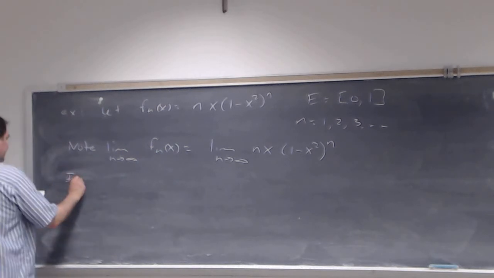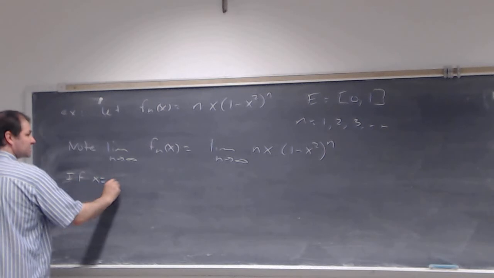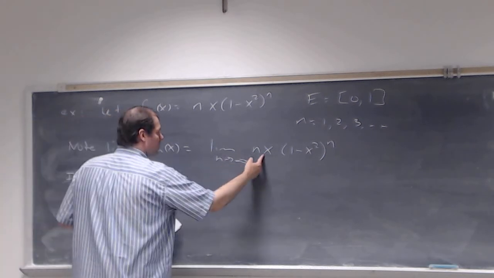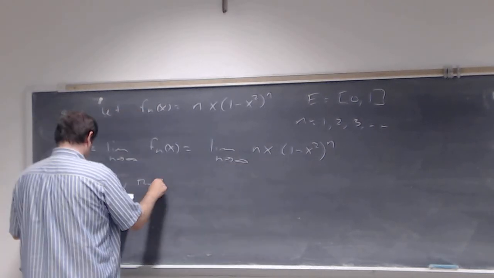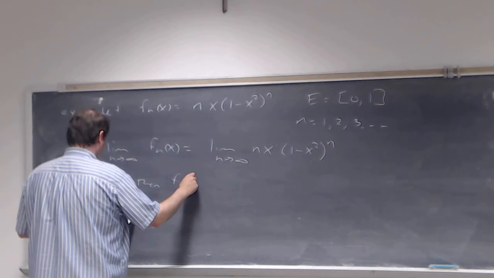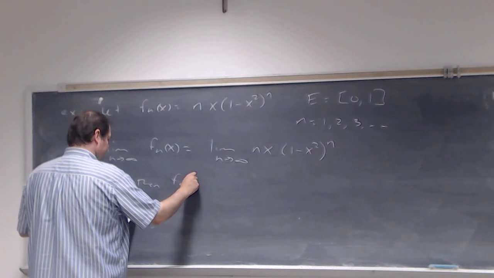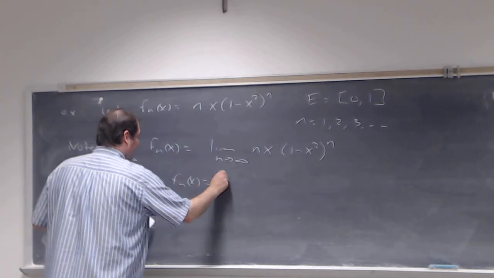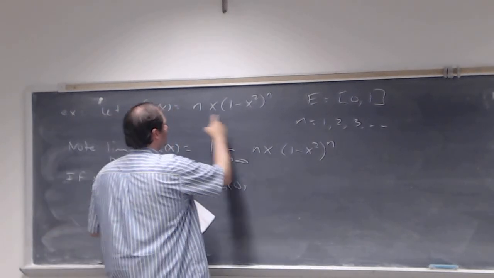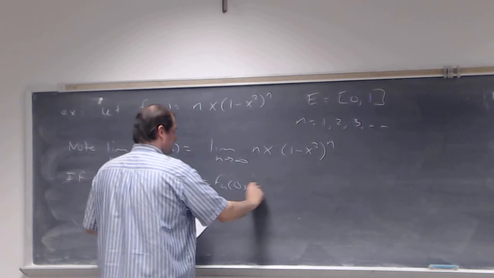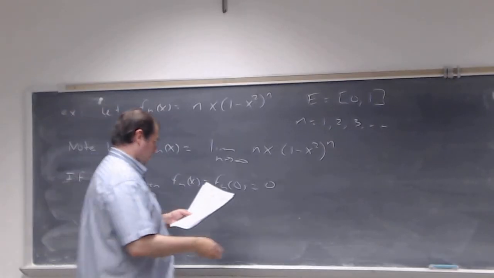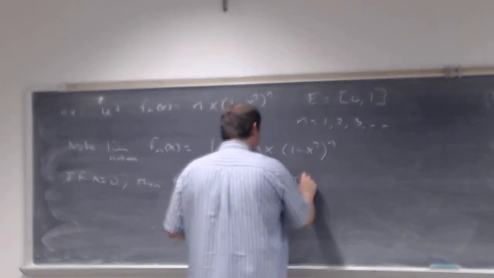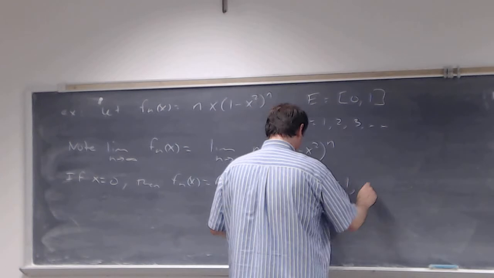So we'll start off with cases, and we'll think, if x is equal to 0, then f sub n of x equals f sub n of 0. And look, you have 0 times something, that's just going to be 0. Okay? So this function when x is equal to 0 is 0. And if x is equal to 1, we get the same result.